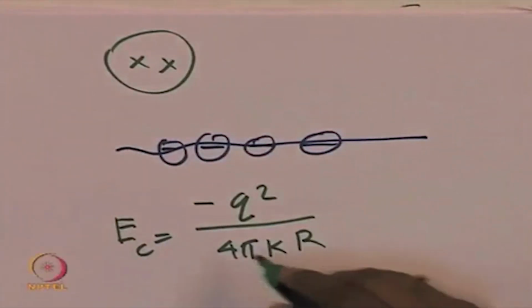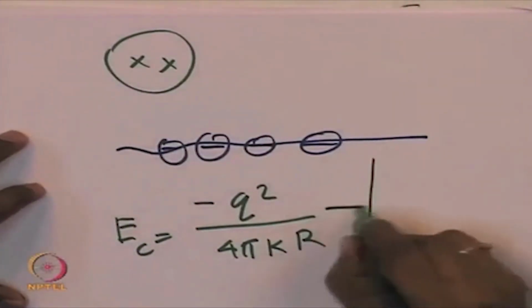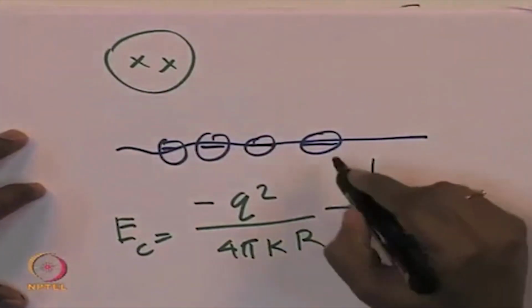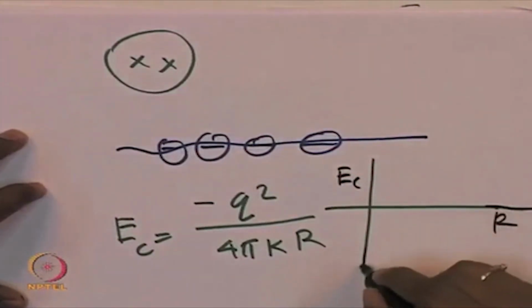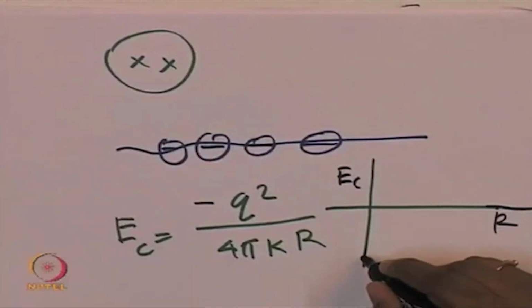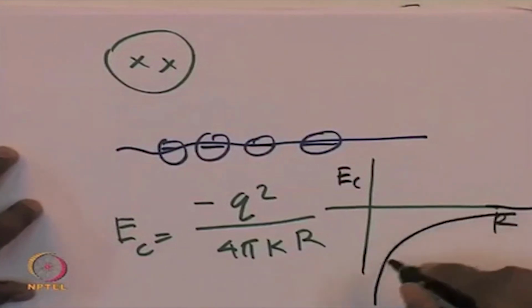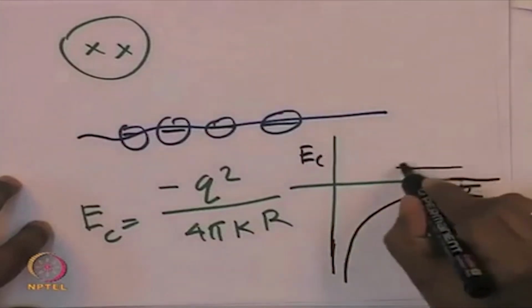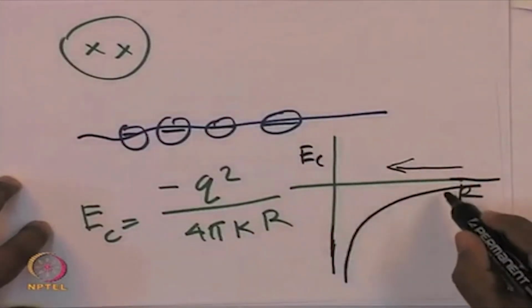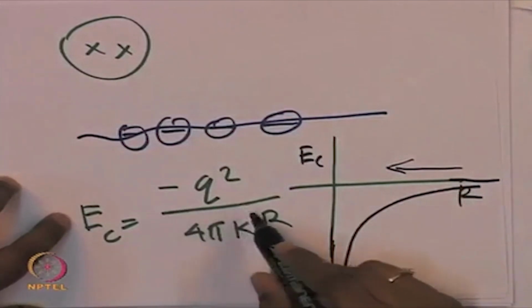So, what does this tell? If you plot E c, Coulomb energy, versus r, you would get some curve like this. As r goes to 0, the energy will decrease, because it will go to minus infinity.